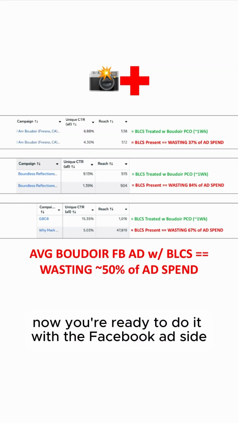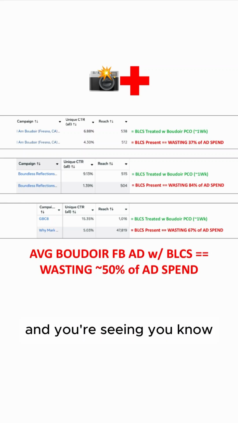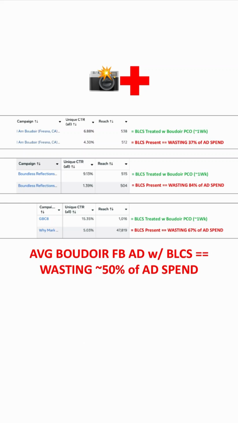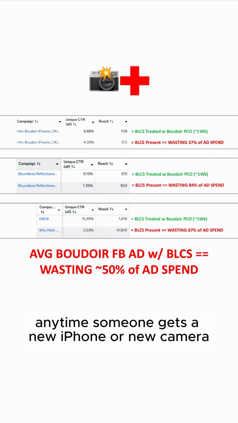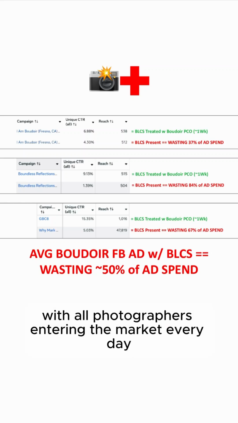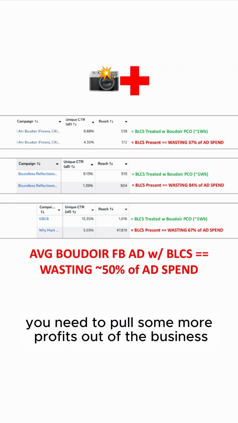Now you're ready to do it with the Facebook ad part of the business, and you're seeing more and more market saturation every single day. Anytime someone gets a new iPhone or new camera, there's new Google My Business profiles popping up. More boudoir photographers entering the market every day, and there's more inflation in life, so you need to pull some more profits out of the business.